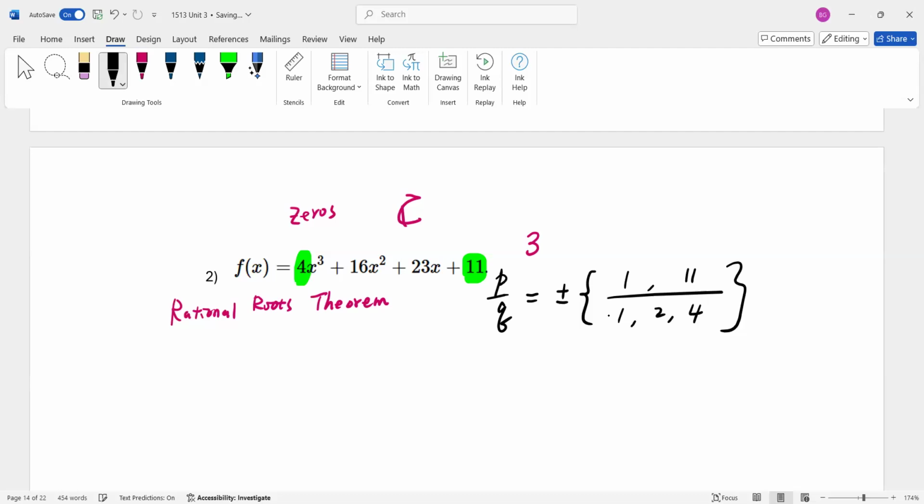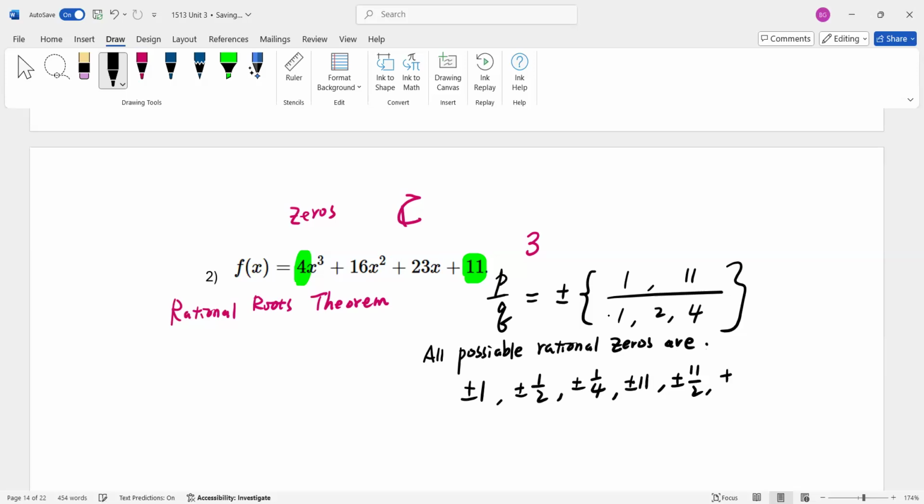So let's see. We have all possible rational zeros: plus minus 1, plus minus 1/2, plus minus 1/4, plus minus 11, plus minus 11/2, plus minus 11/4.